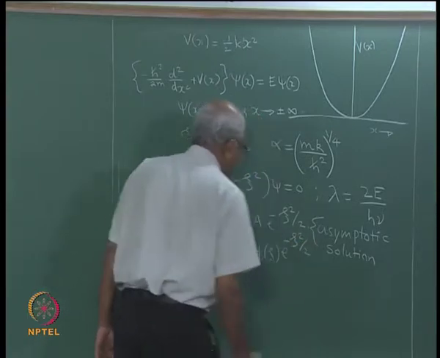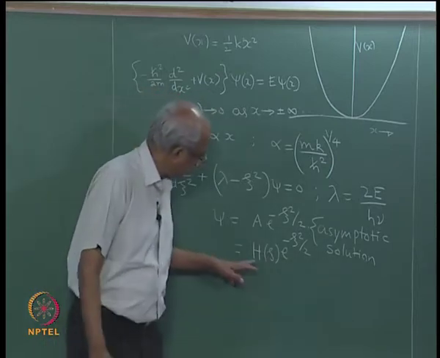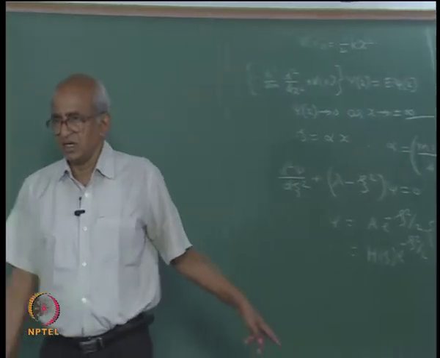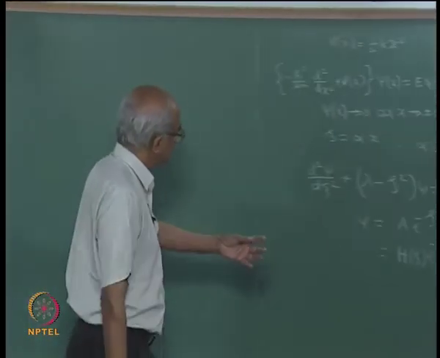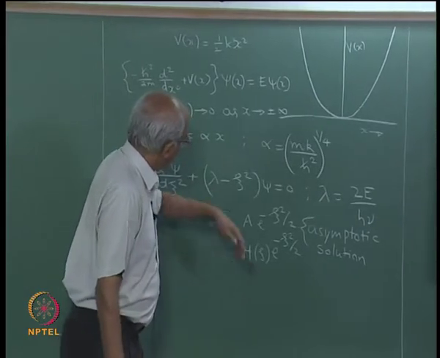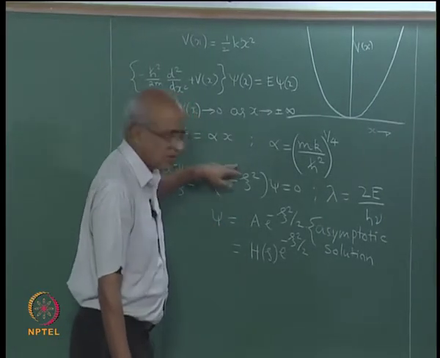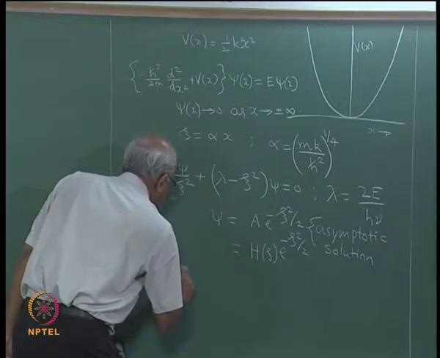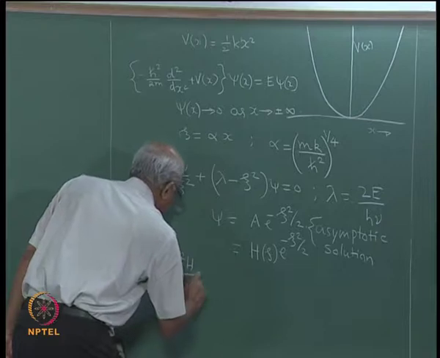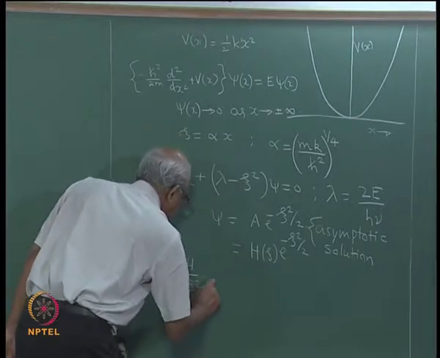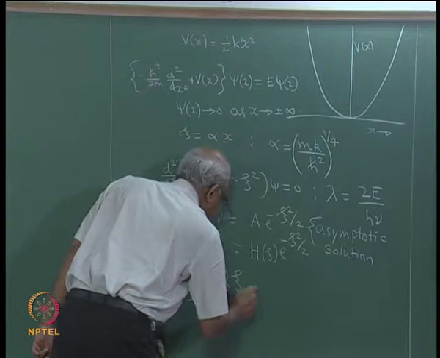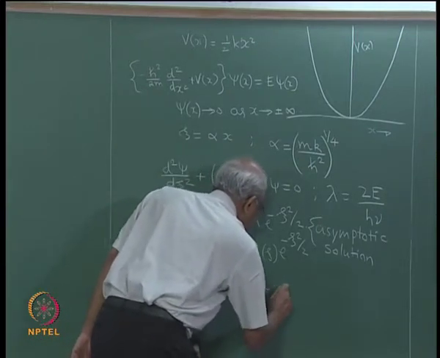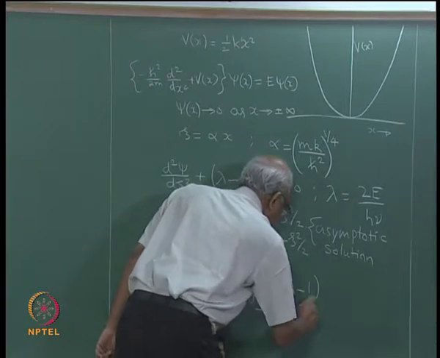This is the way we will write the solution, and then our problem is to determine the function h of c, and for that what we did was we took this functional form, substituted that back into this equation, and we arrived at an equation for h, and that equation is d square h by dx square minus 2c dh by dx plus lambda minus 1.